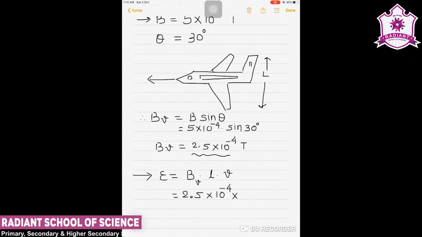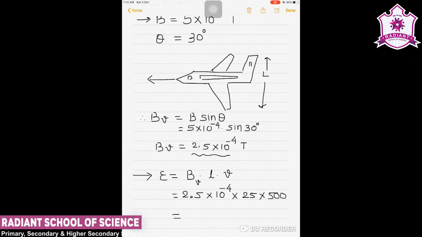The length of the wings is given, that is 25 meter, and then the speed that we have obtained, that is 500 meter per second.